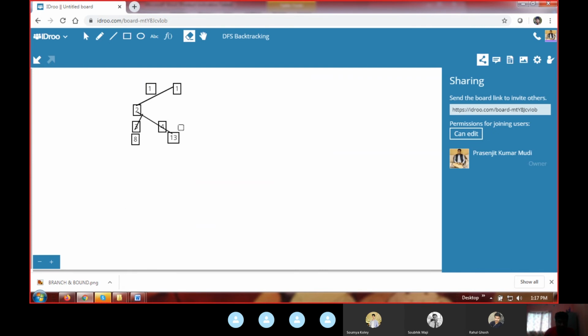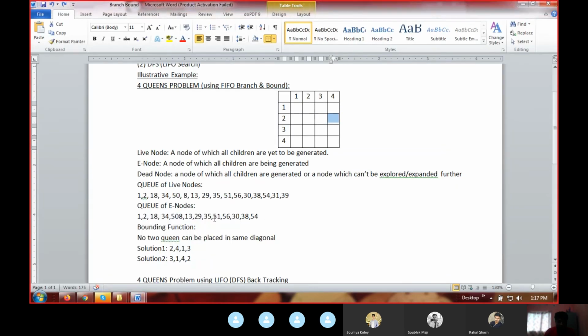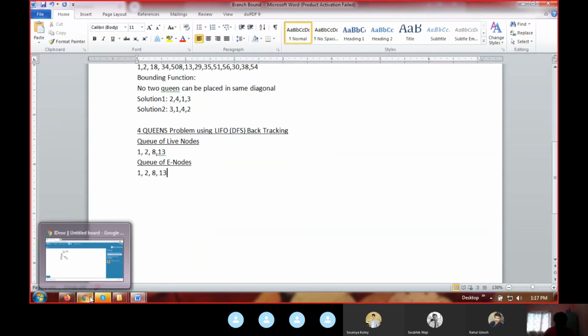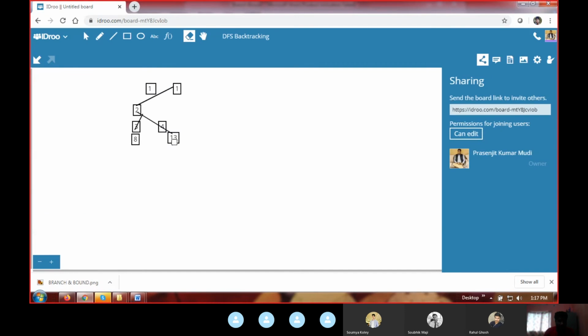Next, the E node becomes 13. So similarly, we can expand 13 further. Let's say this is node 14, corresponding to x3 equal to 2.